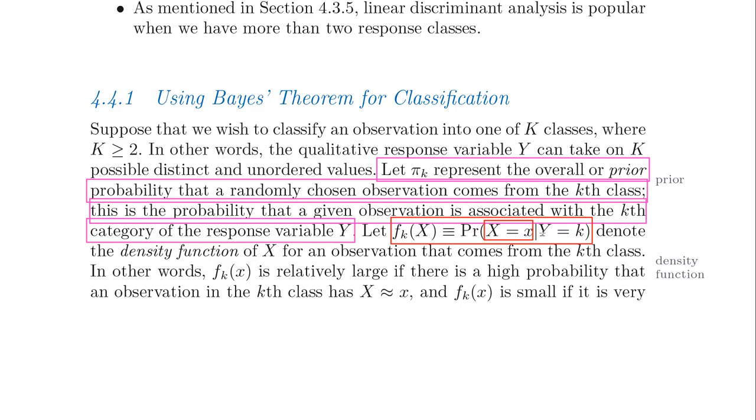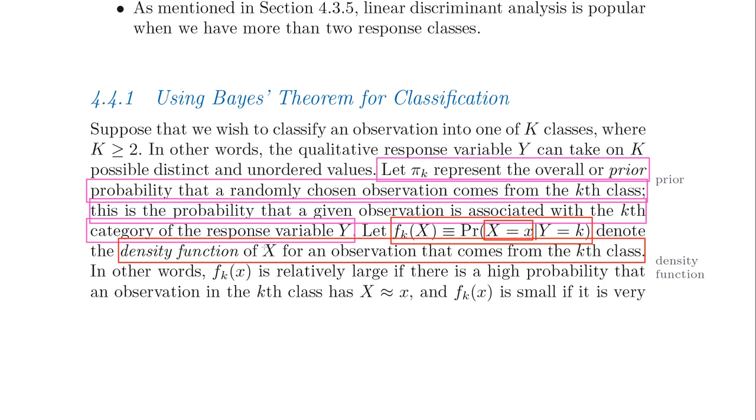So can we come up with an example? You could say, for example, the probability that, let's say we're just looking at one symptom, that x is equal to, what kind of symptom can we take? Can we take an easy one? Coughing, given y equals seizure. And we're going to refer to this as the density function of x for an observation that comes from the kth class.